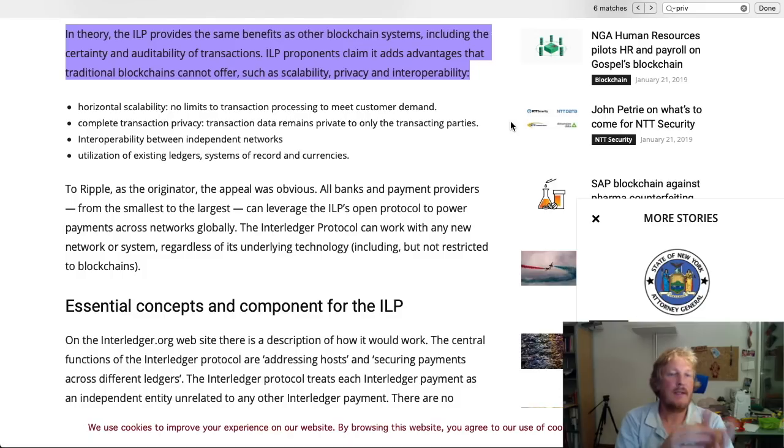Scalability means it can scale way high. That's basically that figure we see on the XRP Ledger with the 50,000 off-ledger transactions per second. 50,000 are confirmed. Theoretically, it could scale, I think, even higher.